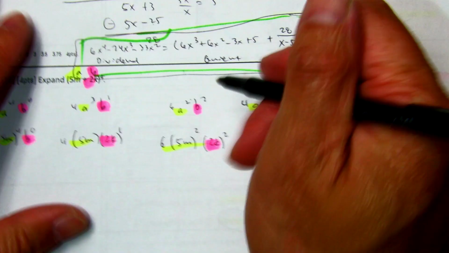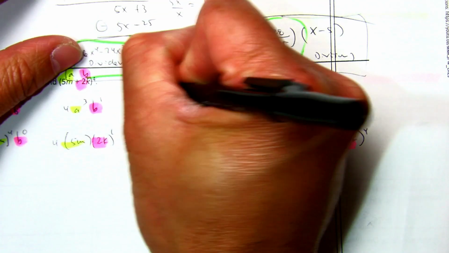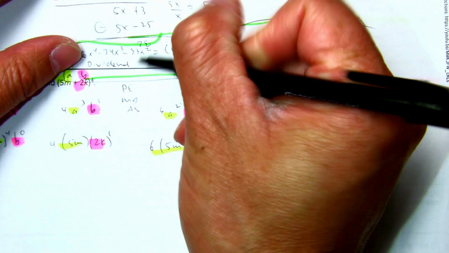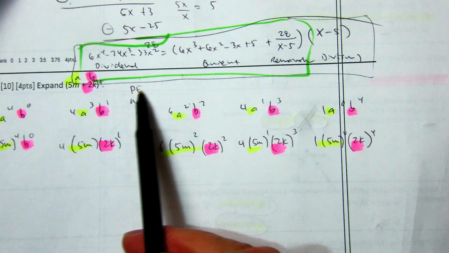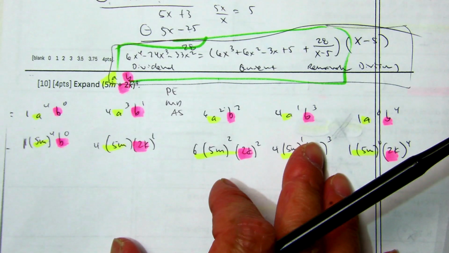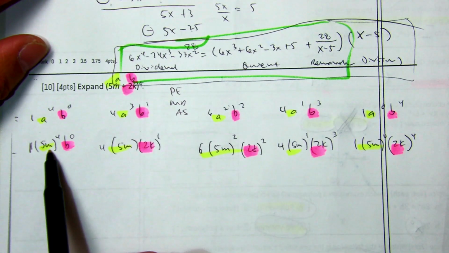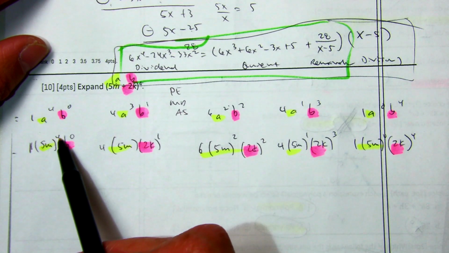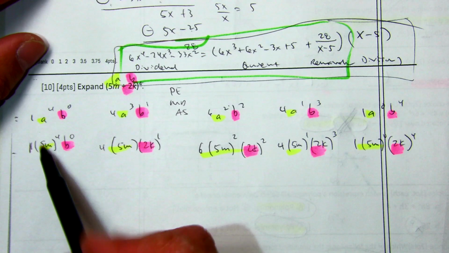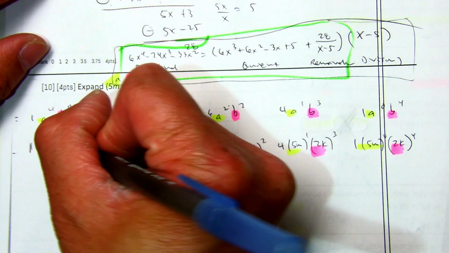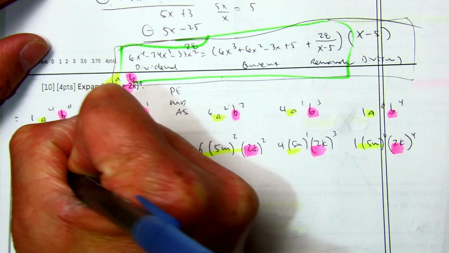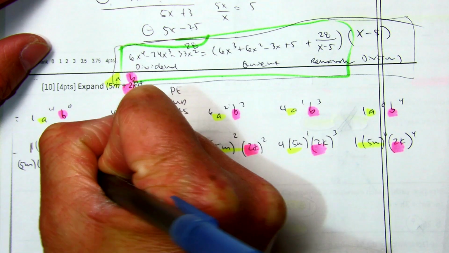So I'm going to write out the order of operations, PEMDAS. And we're going to do parentheses and exponents first. So when we say parentheses, there's nothing in here to simplify, and so I'm going to do it to the fourth power. Remember, 5m to the fourth power just means you've written out 5m 4 times. That's what an exponent means.